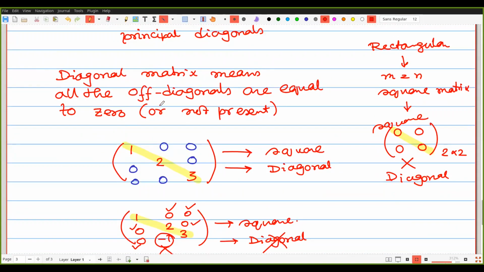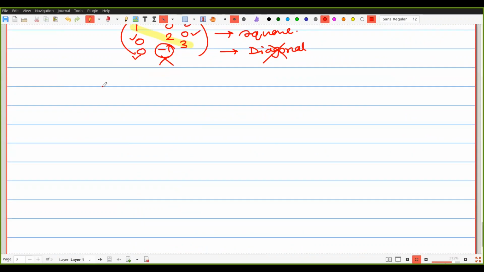Next one: off diagonals are equal to 0. Is that true or not present? Not present means suppose we have a matrix that has only one element, the leading element, and it is a square matrix, 1 cross 1. That one is a row matrix. That one is a column matrix.